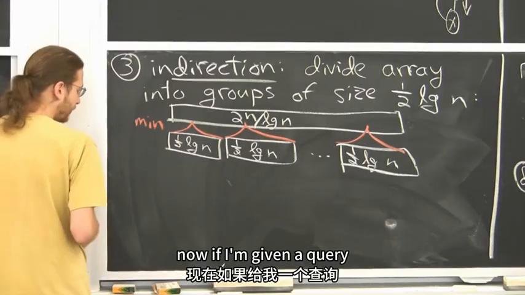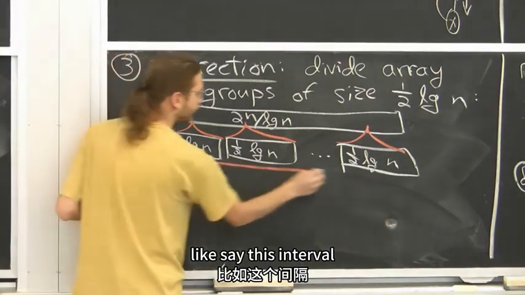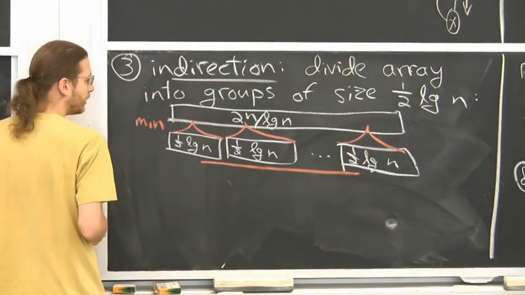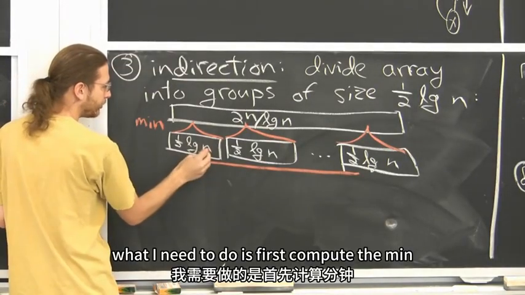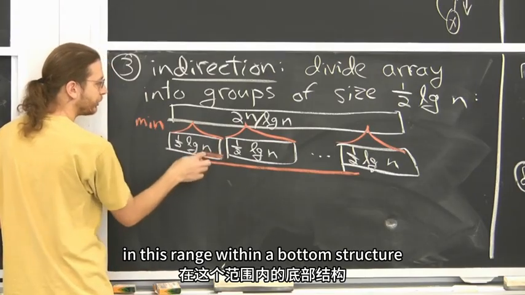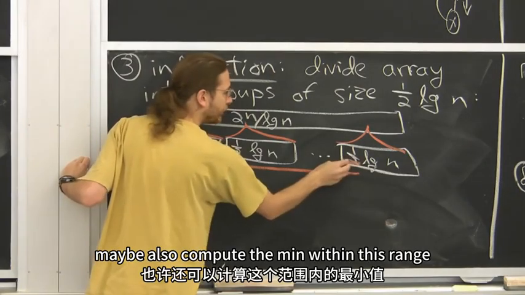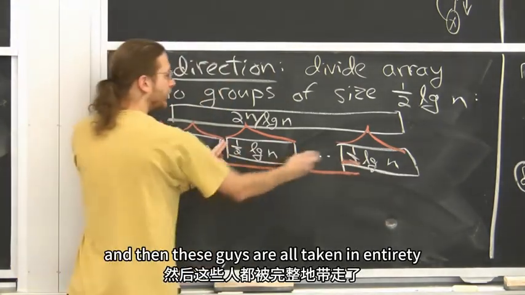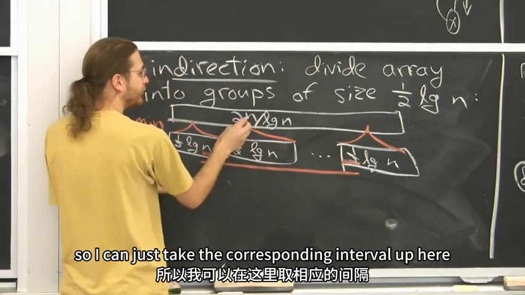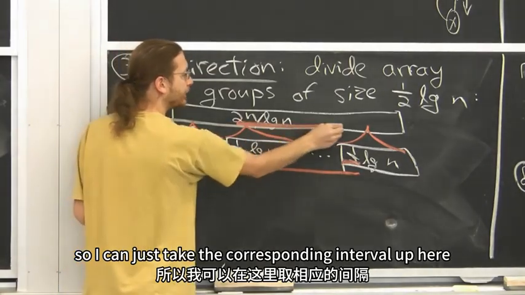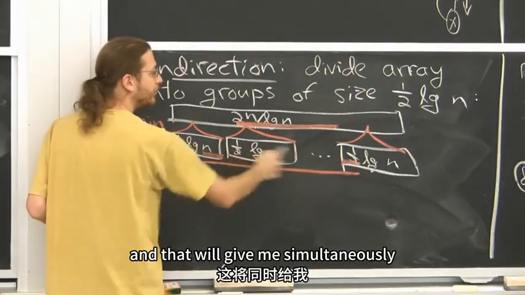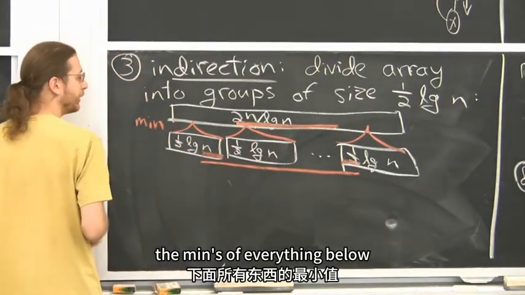Now, if I'm given a query, like say this interval, what I need to do is first compute the min in this range within a bottom structure. Maybe also compute the min within this range, the last bottom structure. And then these guys are all taken in entirety, so I can just take the corresponding interval up here, and that will give me simultaneously the mins of everything below.